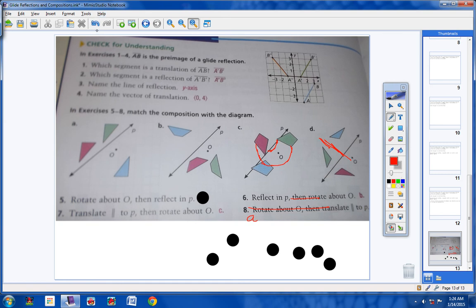So we know it's not a reflection. So it's a rotation. Blue was rotated onto green. Now, from green to red, that's obviously a reflection. If you folded the paper right here, this triangle here would flip over and fall directly on the red triangle. So we have a rotation and then a reflection. Alright, so that's going to be letter D.